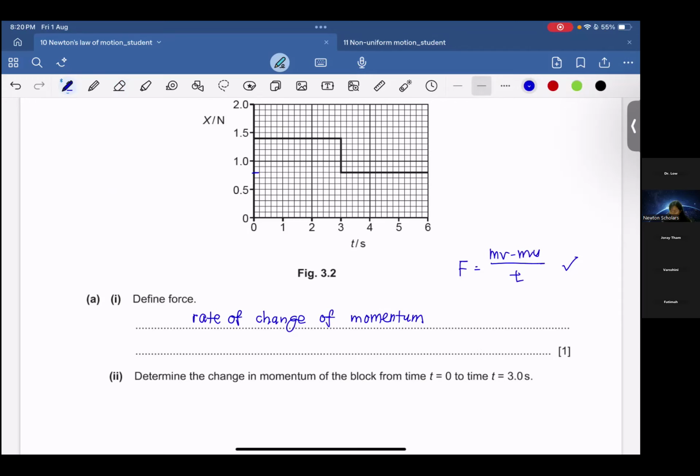Okay, determine the change in momentum. Momentum is changing from time t equals 0 to 3 seconds. Okay, boys and girls, can you try it right now?